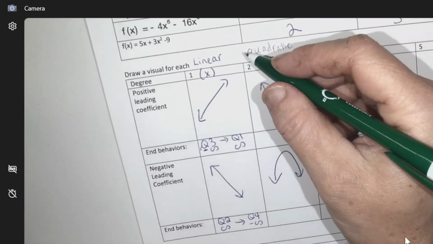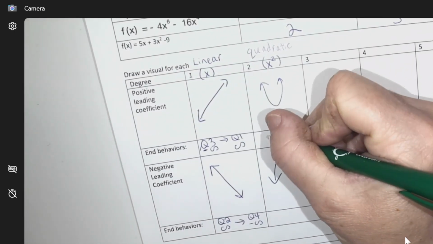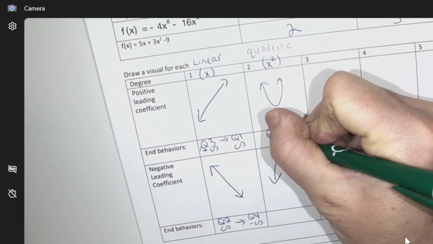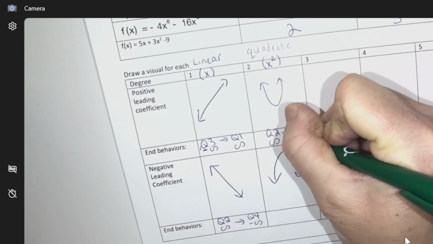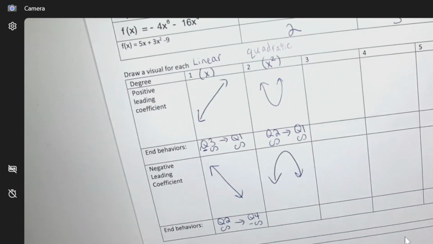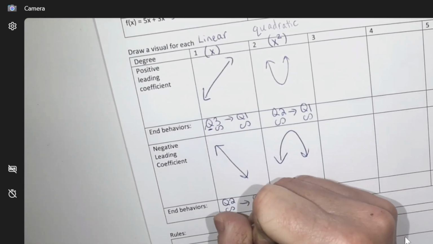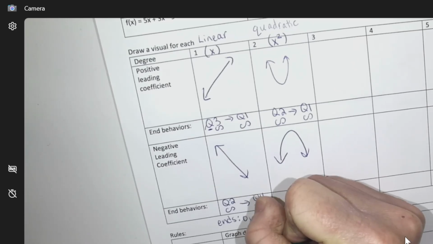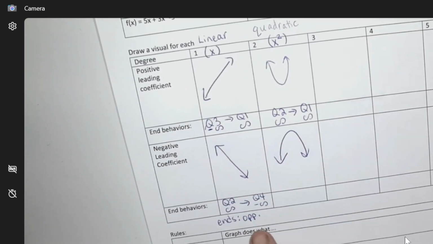And the end behavior goes from quadrant 2 positive infinity to quadrant 1 positive infinity. So kind of have a note here.